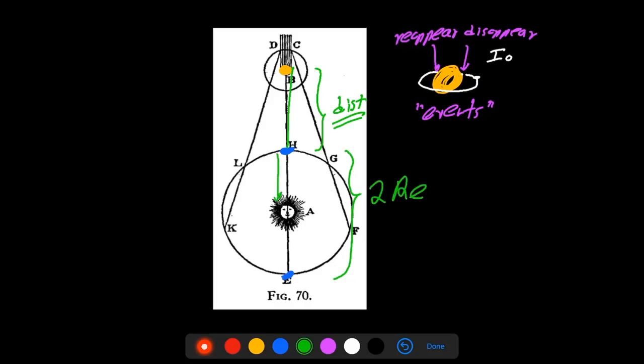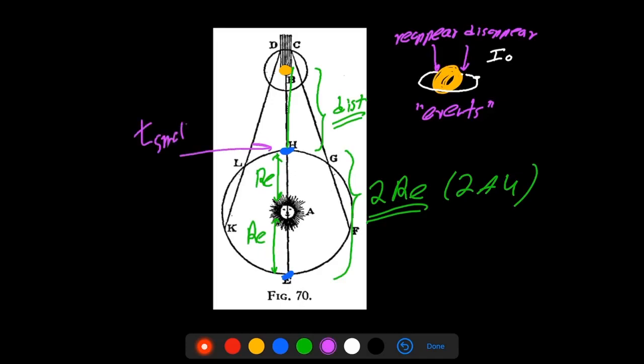If this is 1 radius of the Earth's orbit, and this distance is another radius, he's fully two radii away, so another 2 AU away from Jupiter. What he was expecting is that this time would be smaller, and this time here would be large, just because of the increased distance the light from the disappearance event would have to travel before we'd see it.